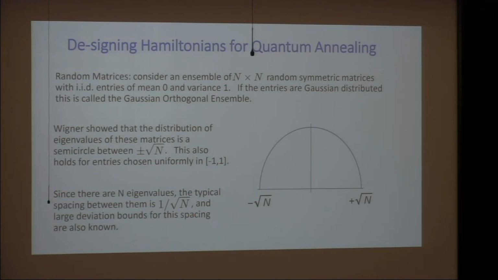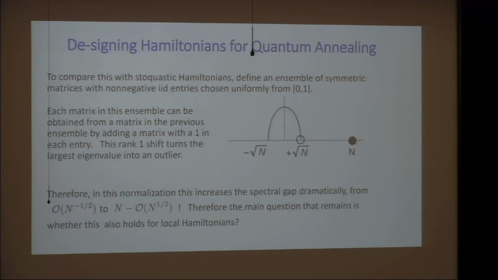Okay, so to compare this with the case of stochastic Hamiltonians, there we had general real symmetric matrices. So let's compare this to the case of stochastic Hamiltonians. To do that, we're going to define an ensemble of symmetric matrices with non-negative IID entries, chosen uniformly in the range 0 to 1.